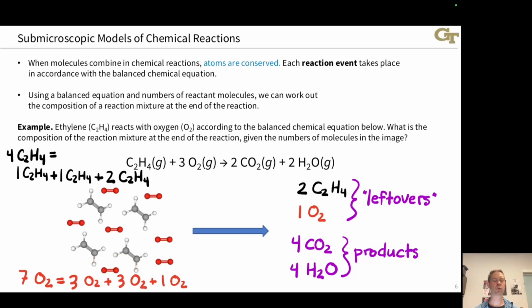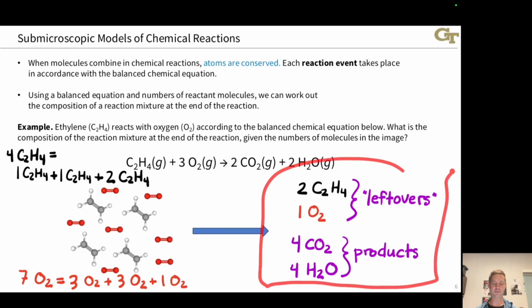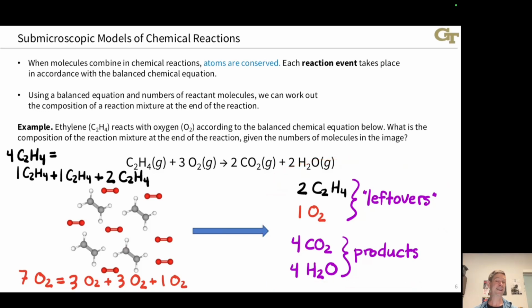So notice that we're essentially taking stock of our pantry, if we like, over here, and then applying the recipe however many times we can until we run out of enough of an ingredient to run the reaction again. This allows us to fully specify the composition of the reaction mixture at the end, and this includes both products and leftover reactants at this molecular scale.